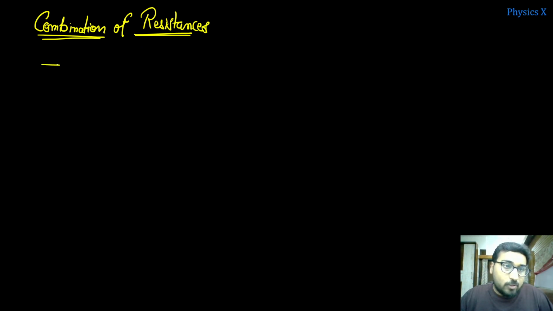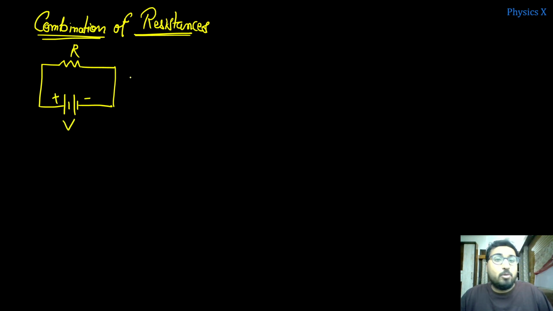See, it is not necessary that you are having a single resistor. A single resistor's resistance is also referred to as a resistor, it is the same thing. So it is not possible always that you are having only this kind of a circuit, right? You have different appliances, right?